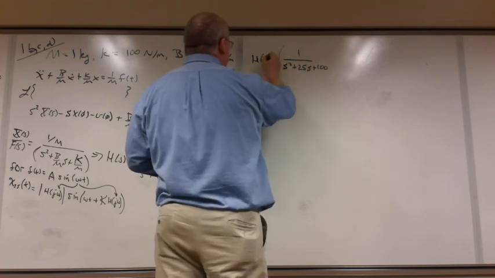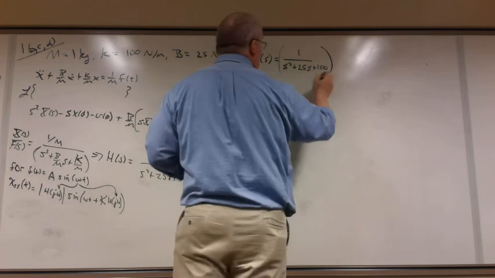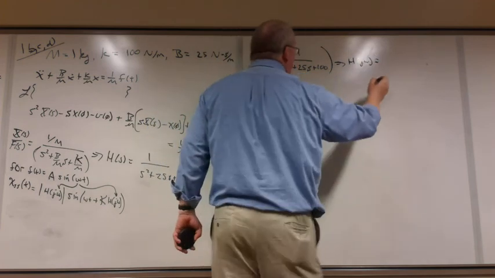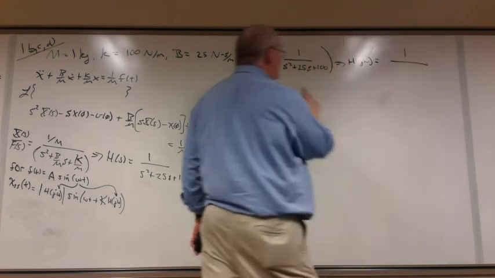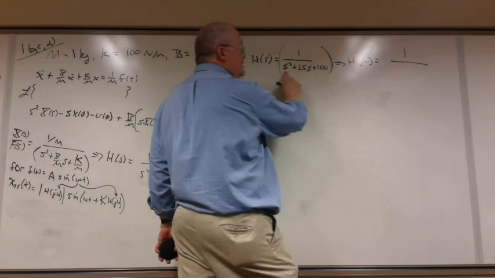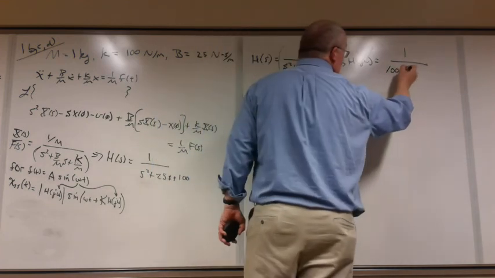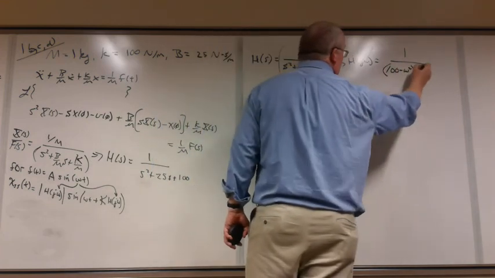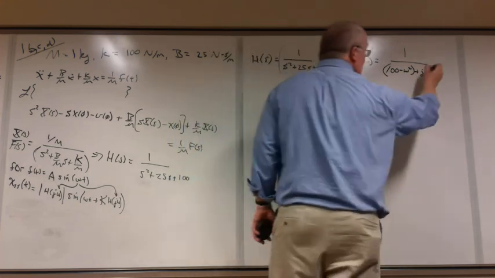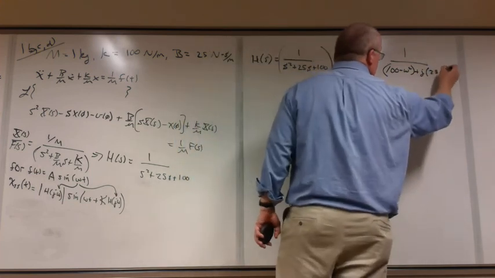H of s is equal to this. Therefore, h of j omega is equal to 1 over, if you plug j omega in for s, you square it, you have a negative omega squared. So it's 100 minus omega squared, that's your real part, plus j times 25 omega.